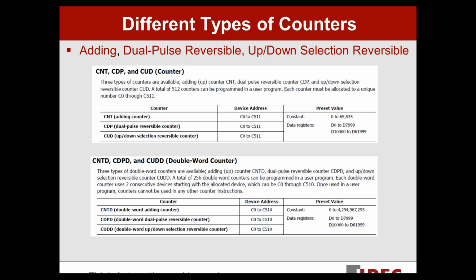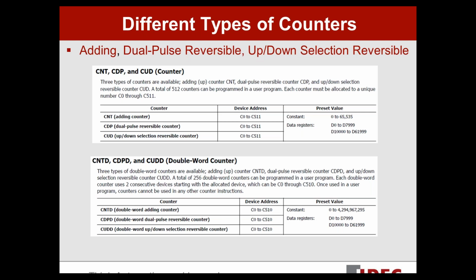The adding counter is a CNT. The dual pulse reversible is the CDP, and the up-down selection reversible is a CUD. Again, all the counters start with C. Now, you can have really a couple of different data types, if you will, for your counters. What we show there at the top, those are word-based or 16-bit counters.